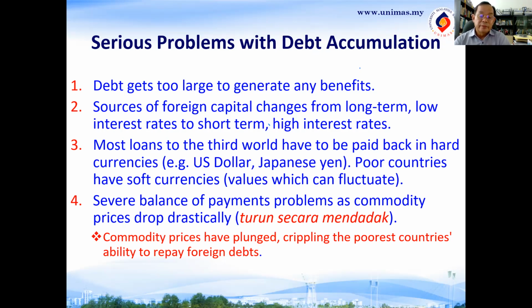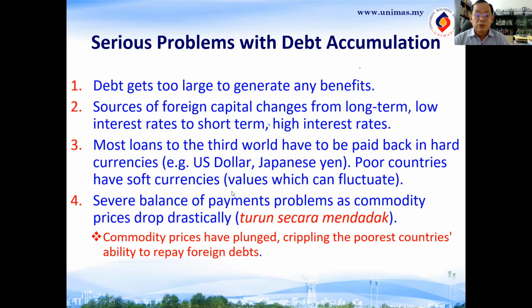So there is a severe balance of payments problem as commodity prices also drop drastically. Jadi itu juga menyumbang kepada masalah kepada balance of payment tadi, ya. So commodity prices plunge, which cripple the poorest countries' ability to pay the foreign debt.